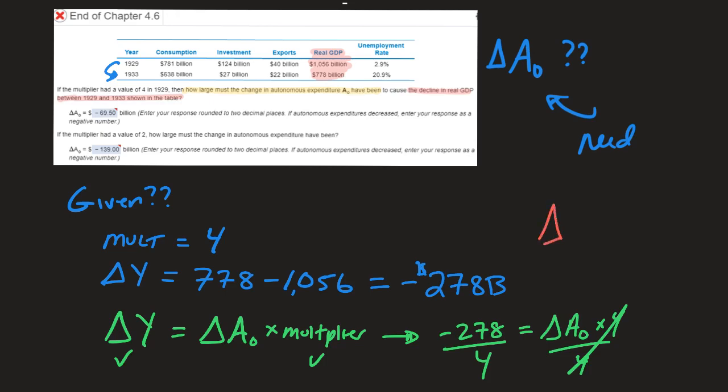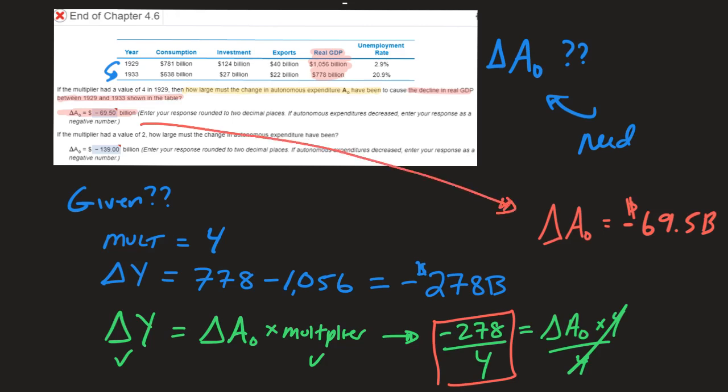My change in autonomous spending is equal to, when I plug in negative 278 over 4, I'm going to get that answer that's shown, which is negative $69.5 billion. That's how we get this part right here of our second question.